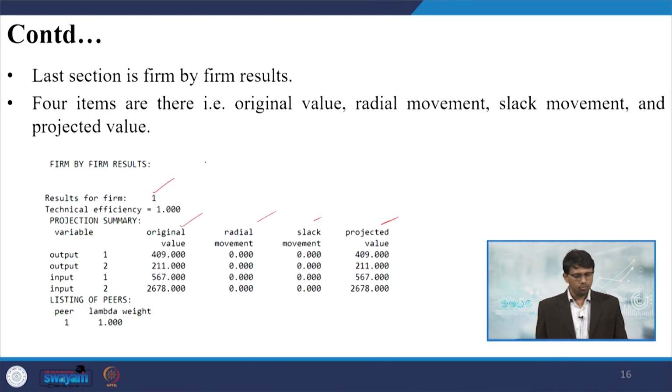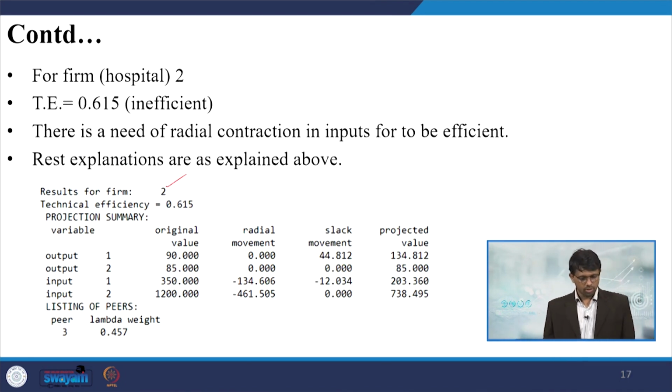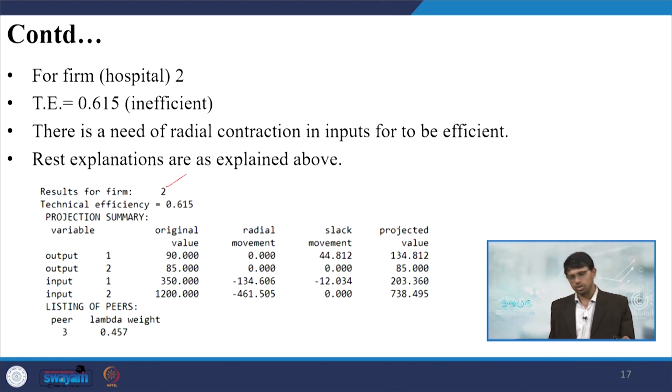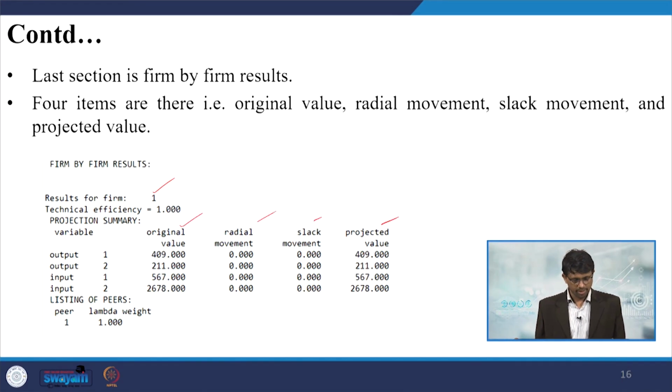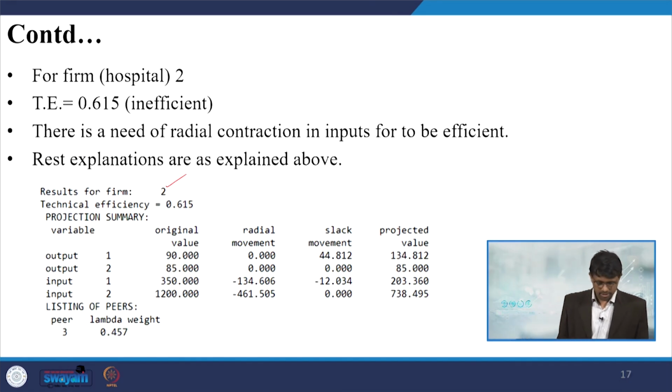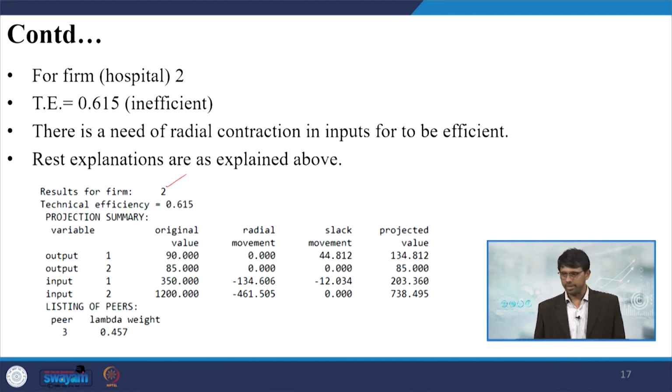Firm 2, for example, the total technical efficiency score was 0.615 and we mentioned it as an inefficient firm. There is a need of radial contraction in inputs to be efficient. The slack explanations are as explained above, but the radial movement is actually more important, and especially the input based slack adjustments are very much required.